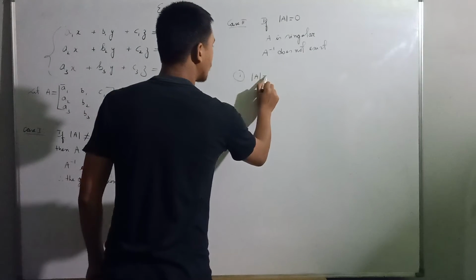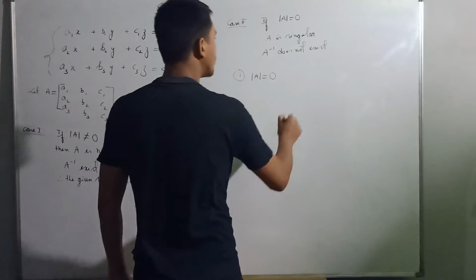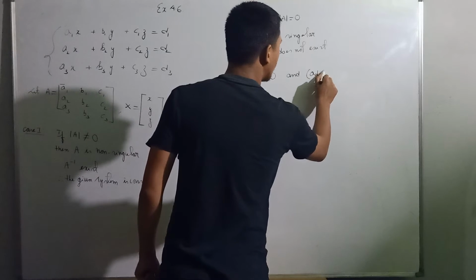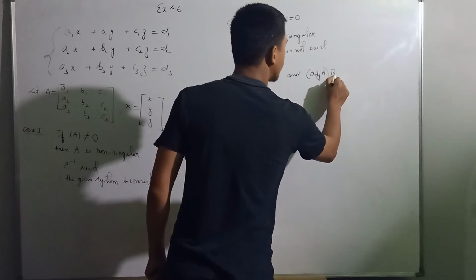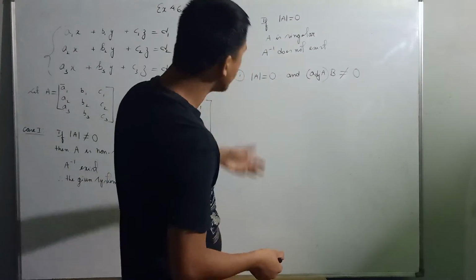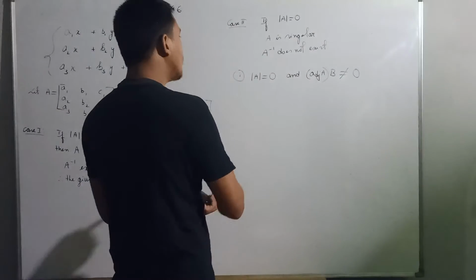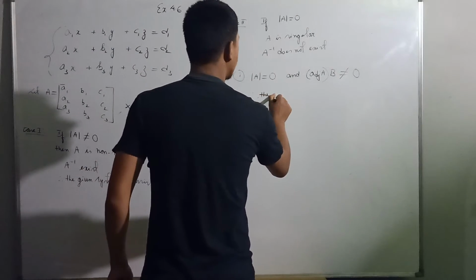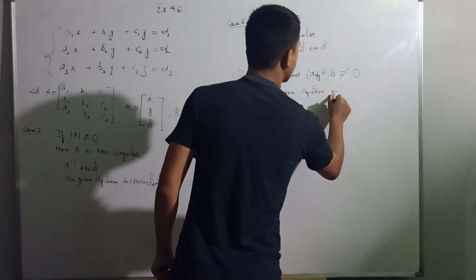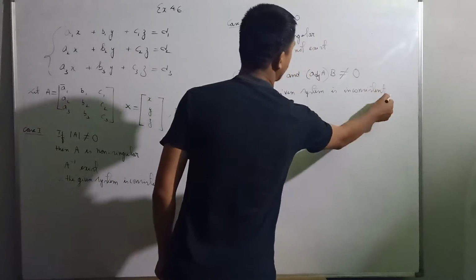If the determinant of A is 0, and if adjoint of A times your matrix B is not 0, then in that case the given system is inconsistent. Over.